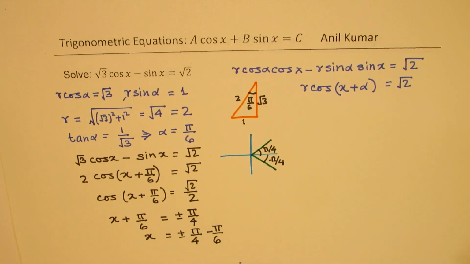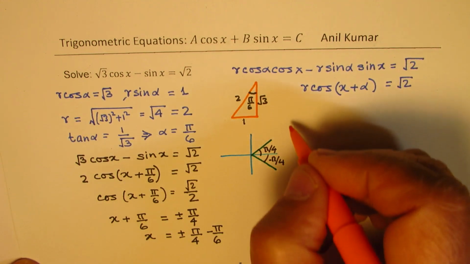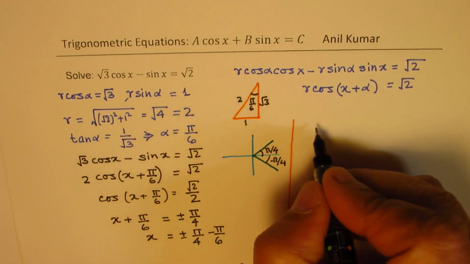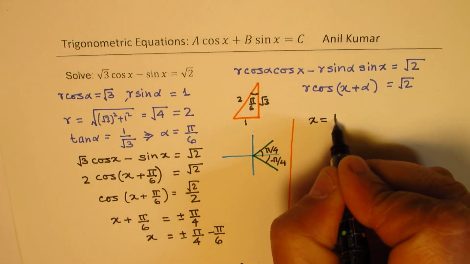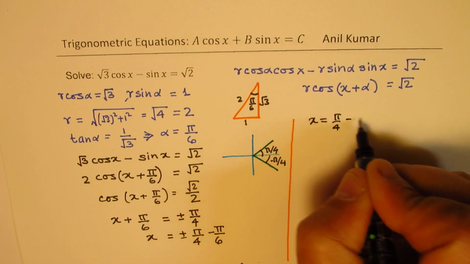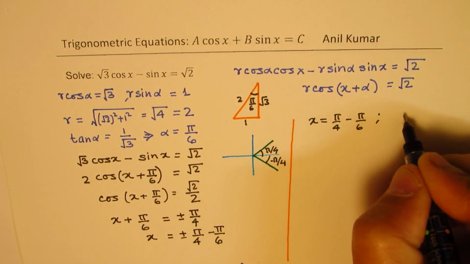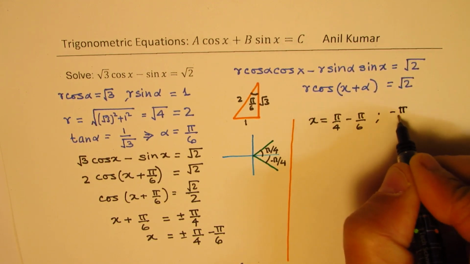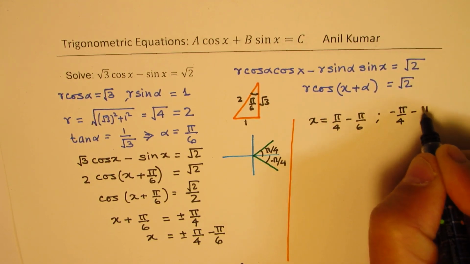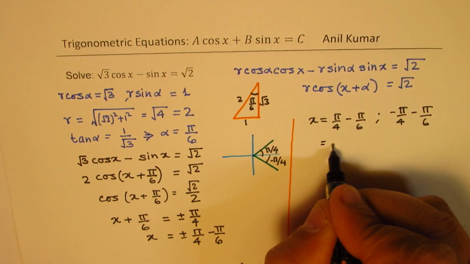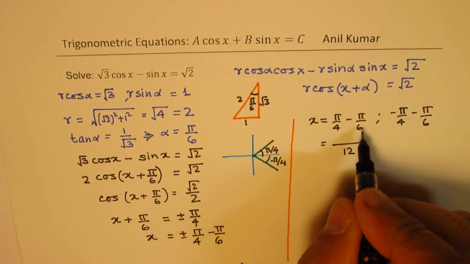But we could also write a general solution in this case. So work on it here. We have x equals pi by 4 minus pi by 6, and also we have minus pi by 4 minus pi by 6, right? So both are possible. So let's simplify them, taking 12 as our common denominator.